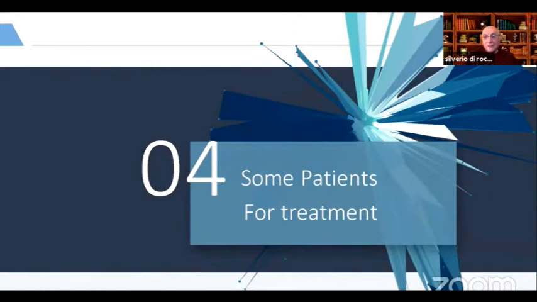Before going to some patients, I want to say something regarding the protocol. If we imagine our central nervous system as a computer, a PC, doing some simplification, the PC has a central board that does the work in the computer.